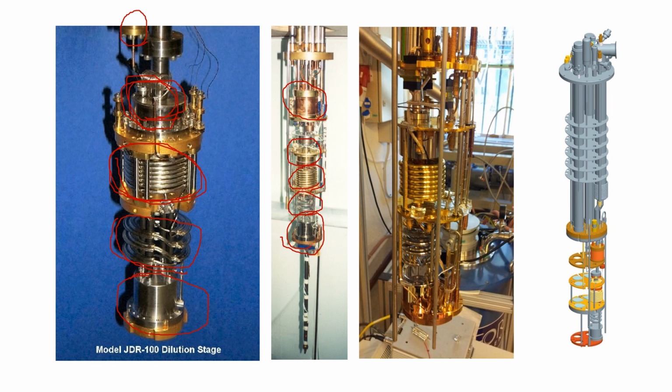And this figure shows the mixing chamber here, and we have 4 step heat exchangers and a continuous heat exchanger, and this is the still, and up here we have the 4 pot.